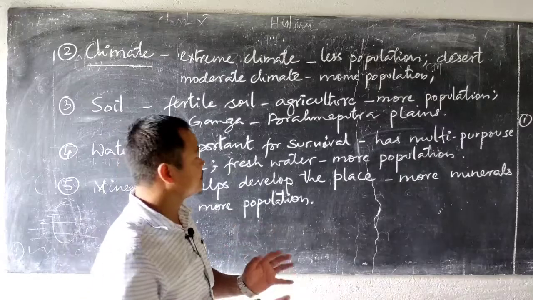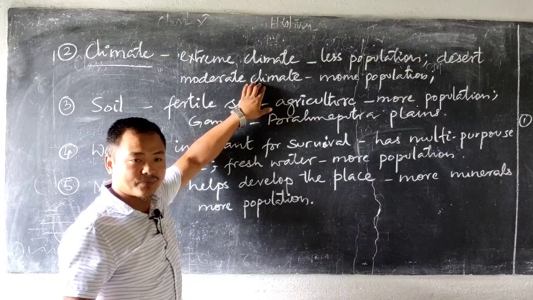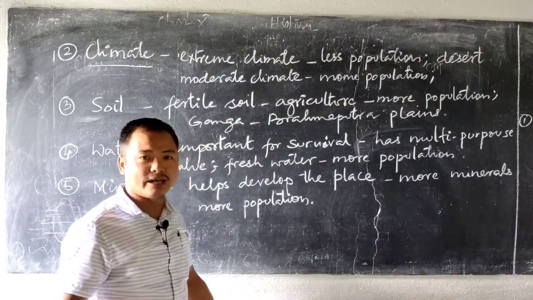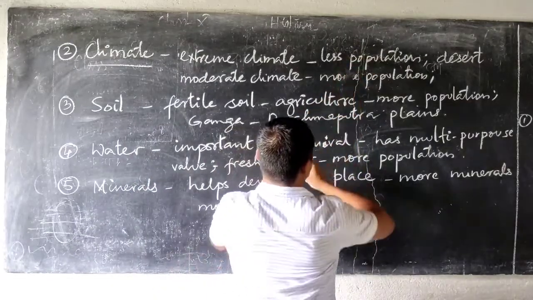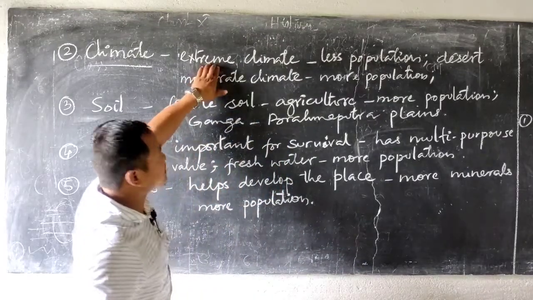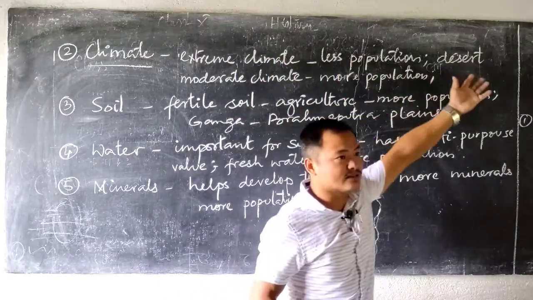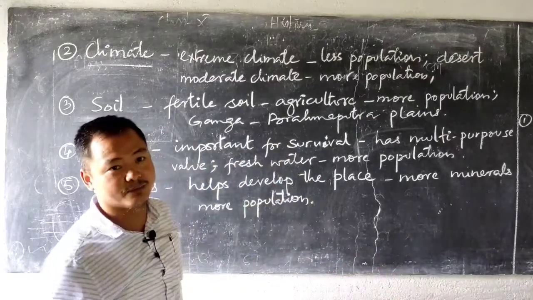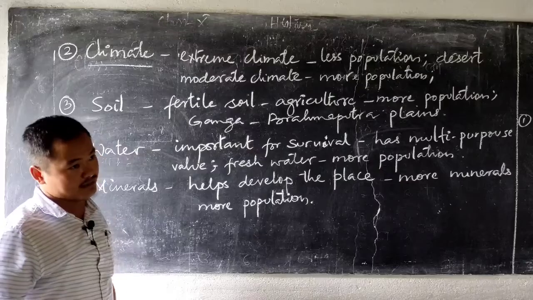So wherever there is a moderate climatic condition, that means the temperature is not very high and not very low like in freezing conditions, population will be more, that means densely populated. But in extreme climatic conditions, population will be less, like in a desert. In a desert the temperature is very high. It sometimes reaches even beyond 50 degrees centigrade, which causes lots of difficulties in our survival.